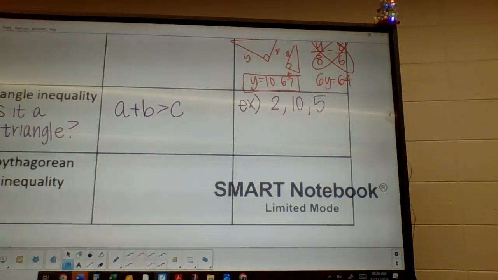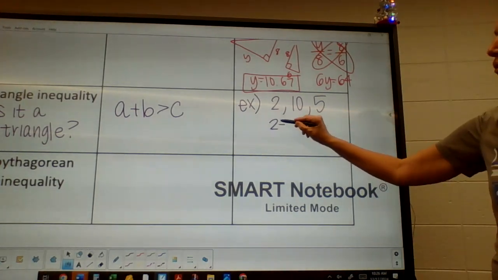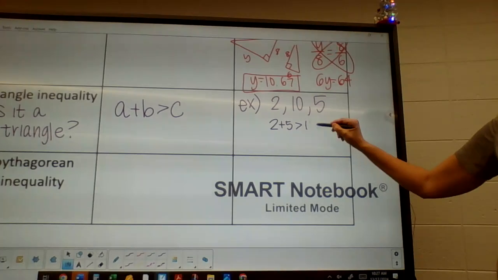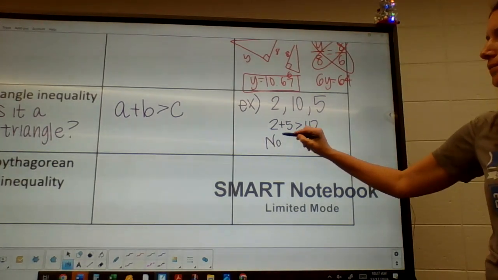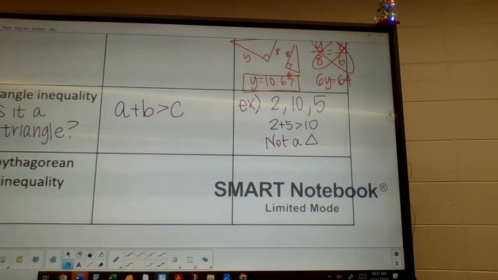I want to see if it's a triangle at all. What do you think? Is this a triangle? It's not. This one wouldn't form a triangle. The two shorter sides aren't long enough to form a triangle. So we wouldn't even want to test whether it's right, acute, or obtuse, because it's not a triangle.